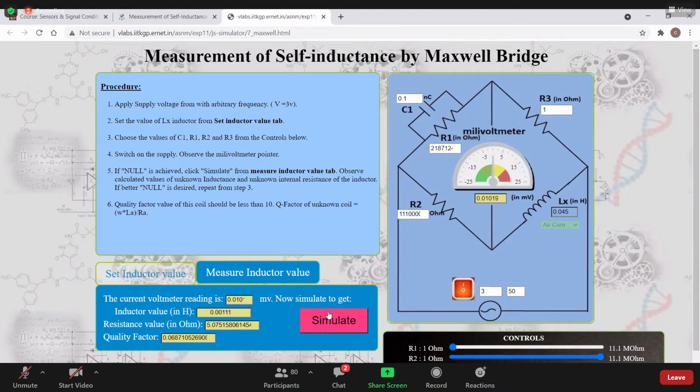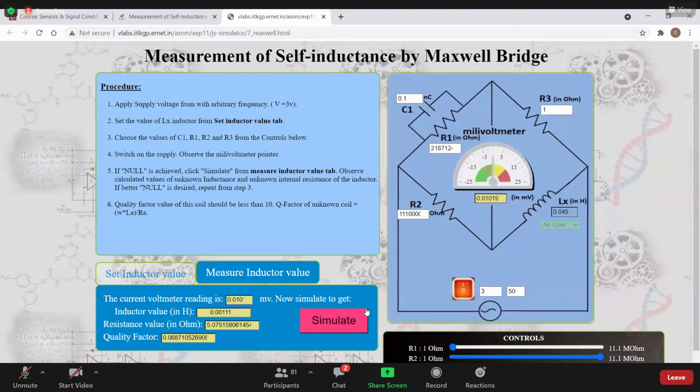So what is the inductor value you got? 0.00, sir. Move your cursor near the inductor on the circuit. What is the inductor value there? LX. 0.045, sir.